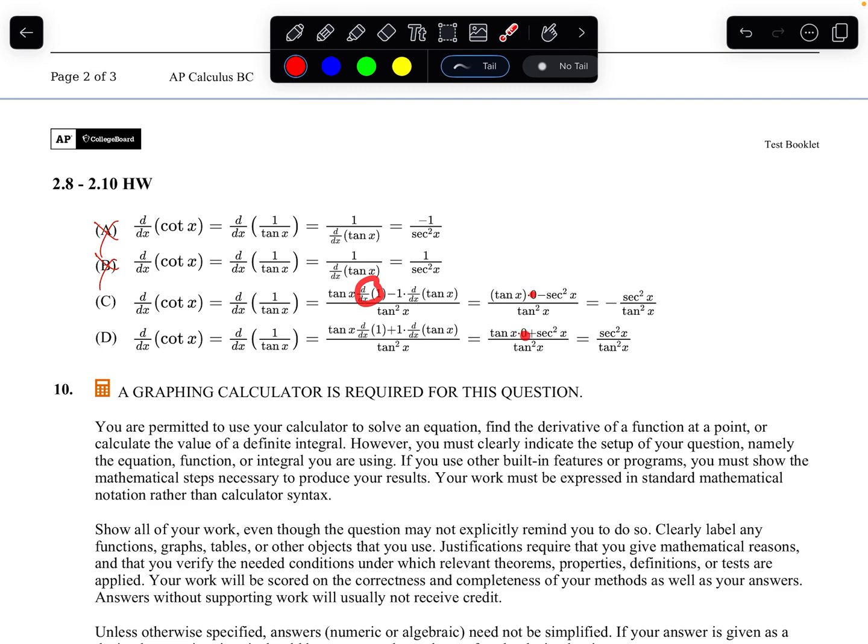Derivative of tangent of x is going to be secant squared of x. So I think that's where this one's going to be wrong, because they did a plus sign right here. It's a minus, so that's where they messed up. So it's got to be C, because they used a plus sign here, but it's low d high minus high d low. Okay.